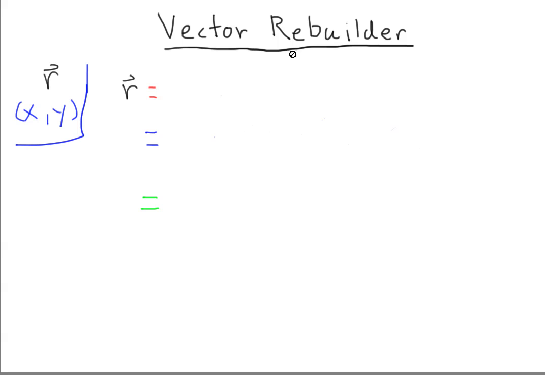So after I learn how to project things, I want to rebuild my vector in my new basis. So far, I have my vector. I know I want to think about it in this xy basis. So the most basic first step is that I can write my vector in terms of its components. Well, how do I get these components in general? The way we found to do that was to get A, we projected our vector r on the x direction.